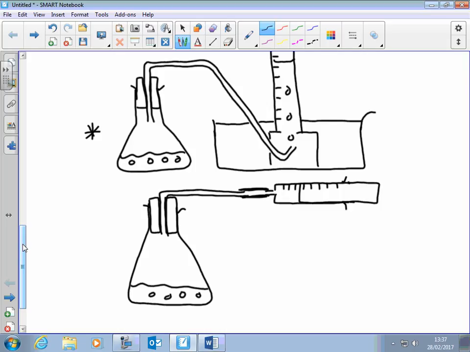And you're going to try this one, which is measuring the amount of gas that's produced. And you're also going to try putting the reaction flask on an electronic balance, and measure the loss in mass. Because obviously as the carbon dioxide is given off, the mass will fall. See if we get similar sort of graphs.